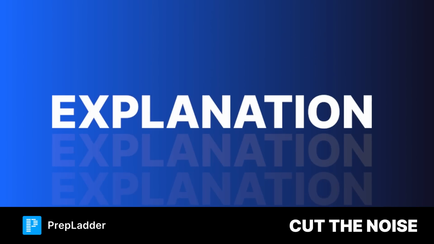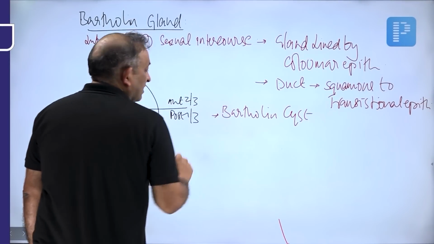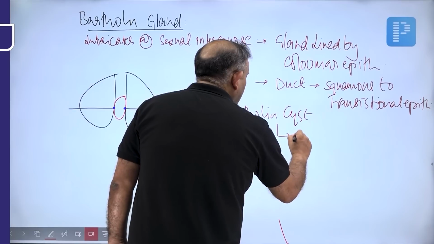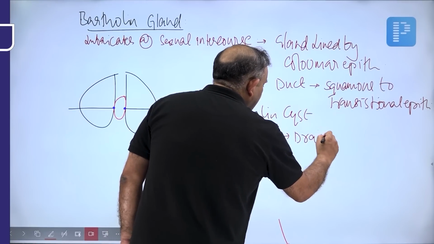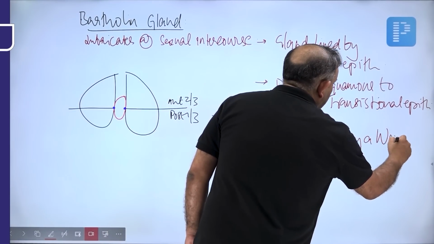Here's the explanation. Bartholin cyst can form because of obstruction of the gland, and the Bartholin cyst you can do a drainage. You can do a drainage by a Word's catheter.